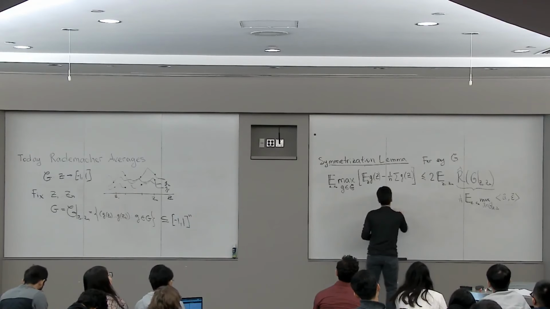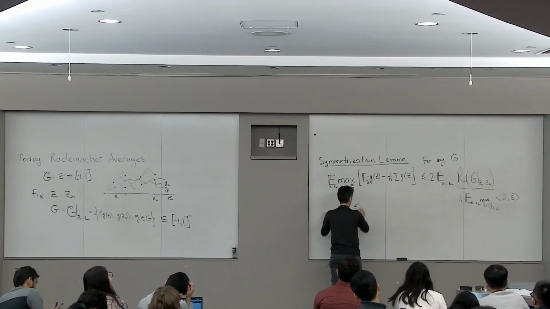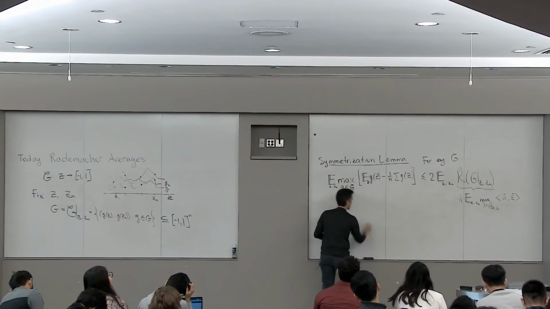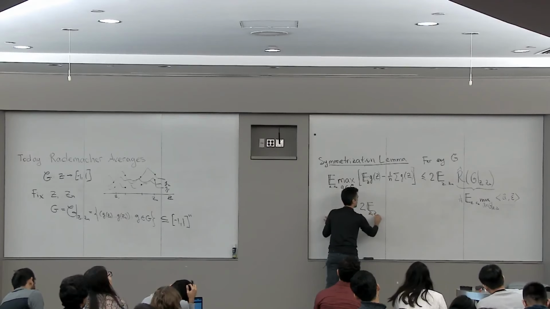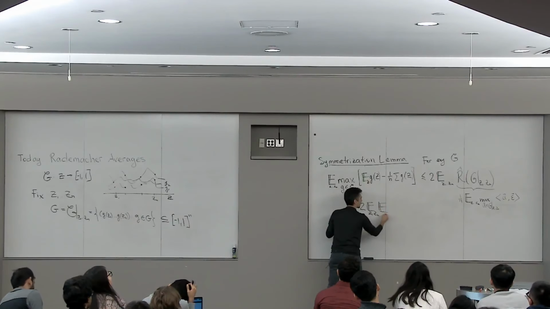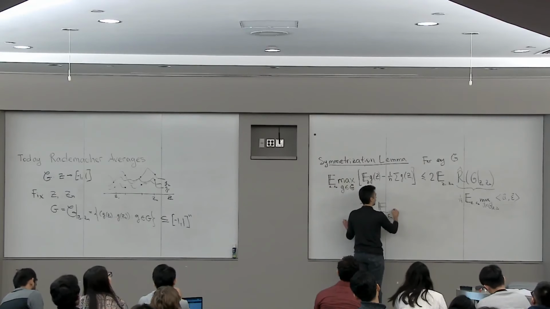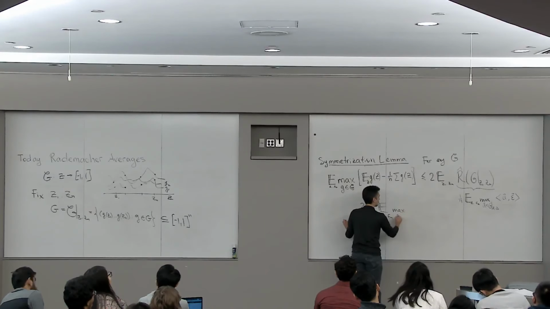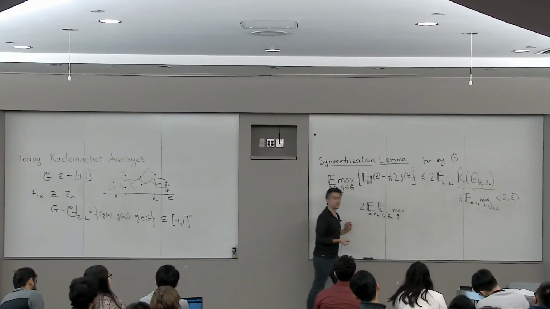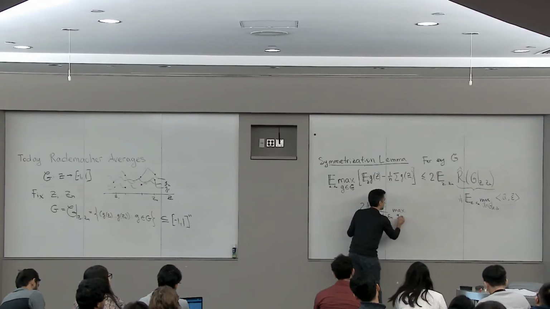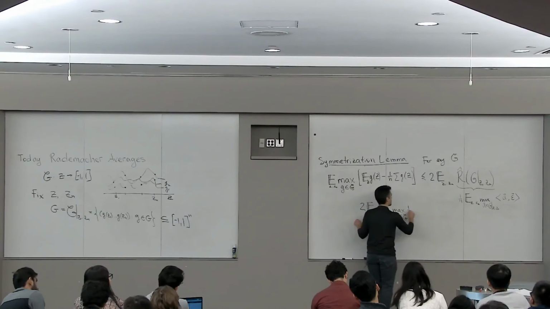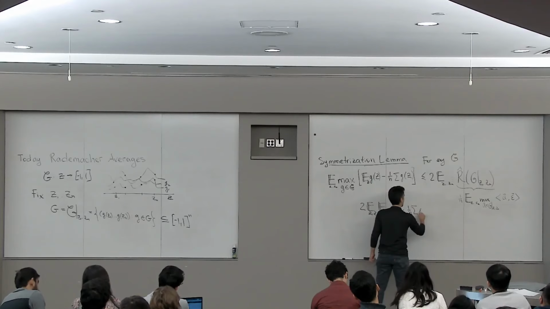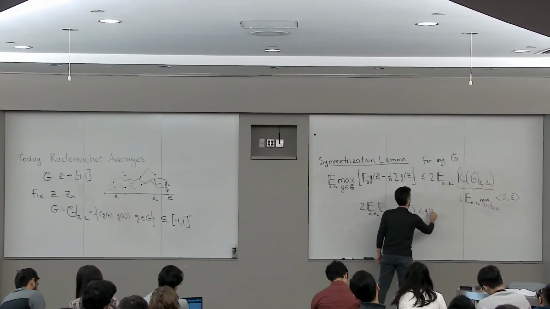Let me write this in another way. This upper bound is 2 times the expectation over data, Z1 through Zn, expectation, I'm just going to write it as a double expectation, over epsilons, of max. Now I'm going to go back to my G, G in calligraphic G, 1 over n sum of epsilon i G of Zi.